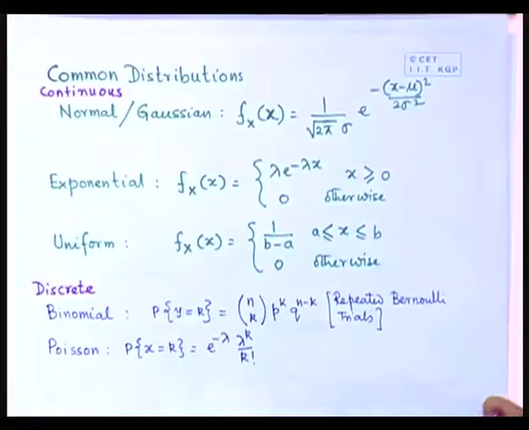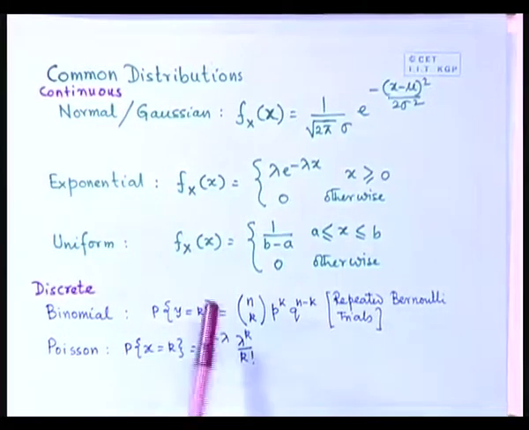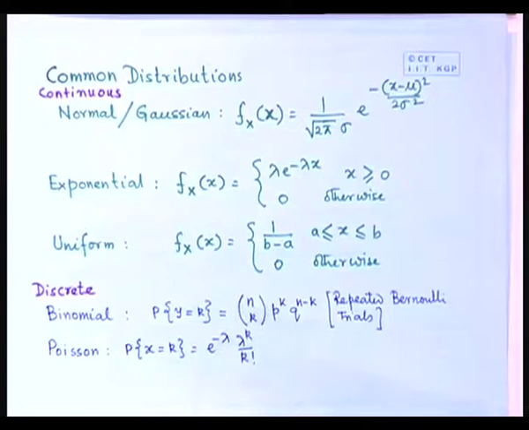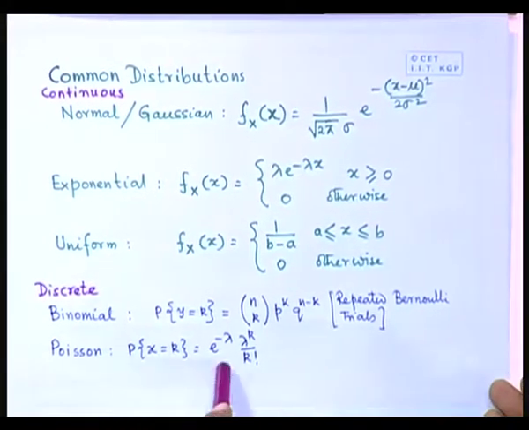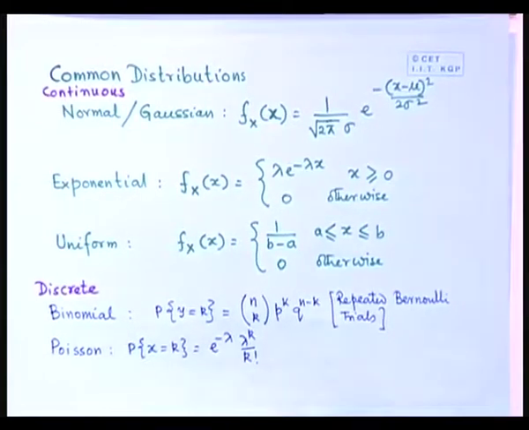Basically, these are terms of the binomial series. Similarly, you can have a Poisson distribution, which characterizes waiting times between discrete arrivals. So, they are also used in queuing theory. This is just an example of various kinds of distributions.